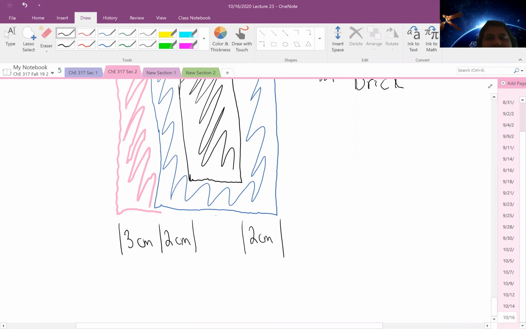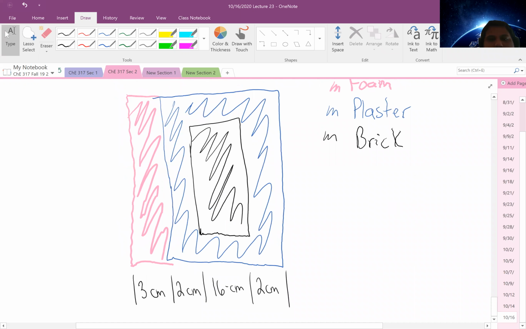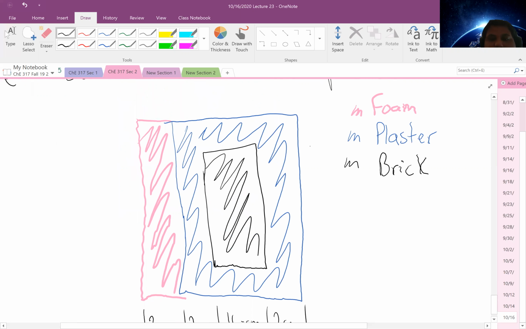And this brick width is going to be approximately, what do I have in my notes? I think it's 16 centimeters. And the length of the brick, which I will draw here, is about 22 centimeters. And these are 3 centimeters.